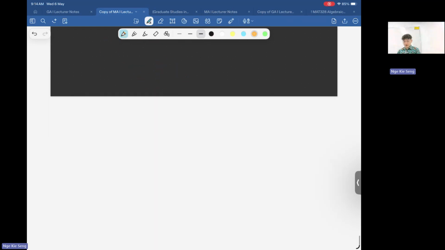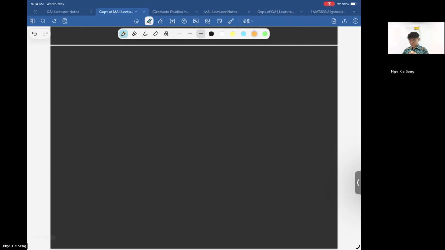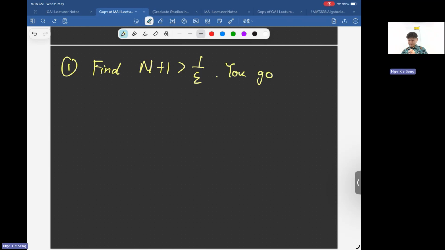So there's some extension from your quiz. Some of you will write: I want to find n plus 1 that's greater than 1 over epsilon. And then you go find n greater than 1 over epsilon first, and then you can get n plus 1.